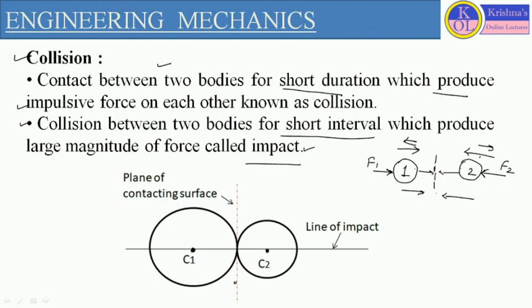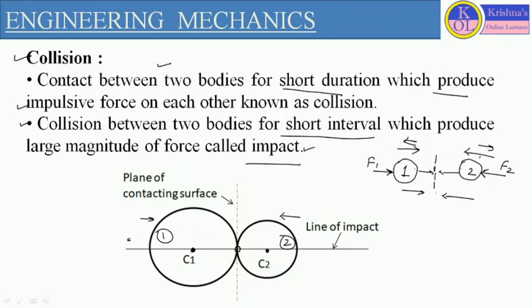The first term you have to remember is the mass center of the body. Here we are considering this as body 1 and this as body 2. Let us consider the directions of motion of these two bodies are opposite to each other. At one particular point these two bodies will come in contact for a very short interval.